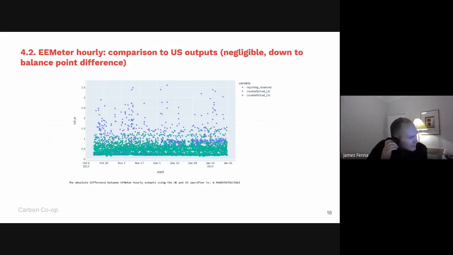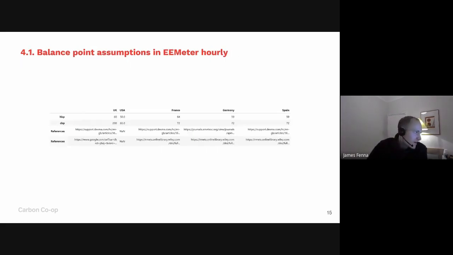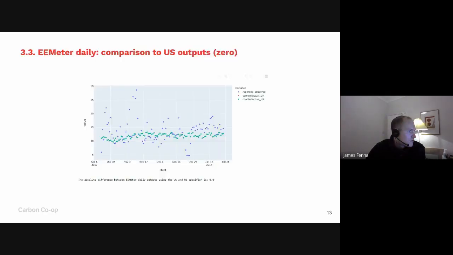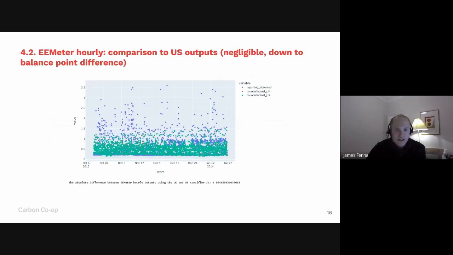And the balance point assumptions are slightly different for each country. Just going back a slide, the US heating balance point assumption is 50 degrees Fahrenheit, but in the UK it's 60. Balance point assumptions feed into the way the OpenEEmeter hourly occupancy matrix works.